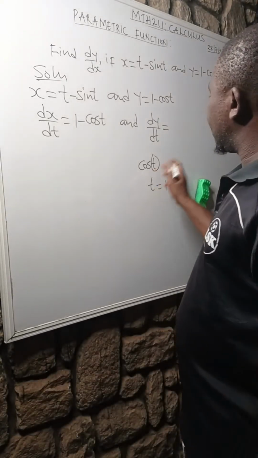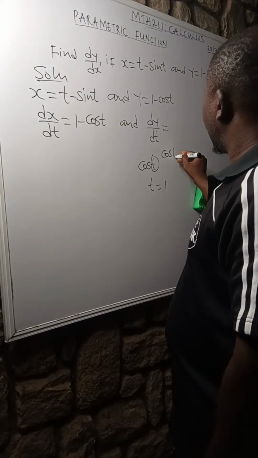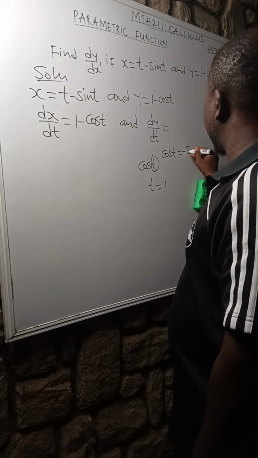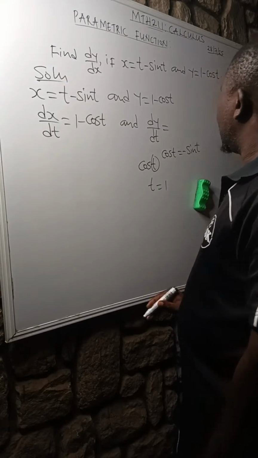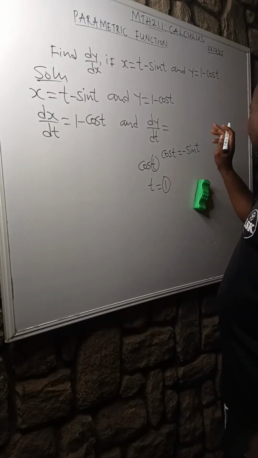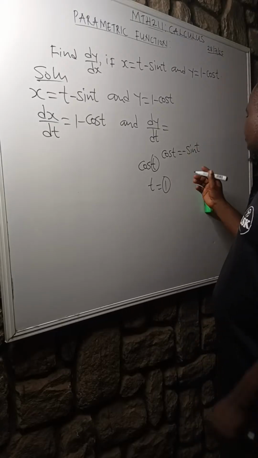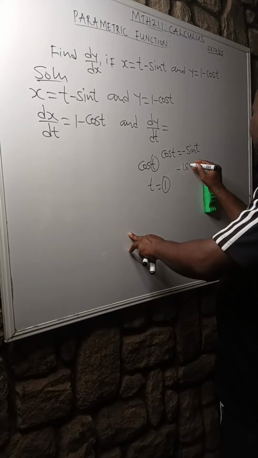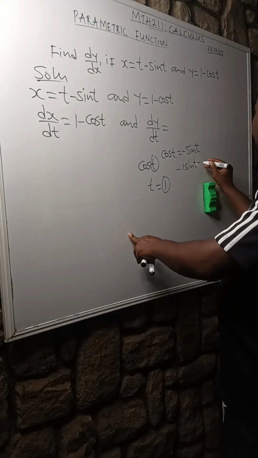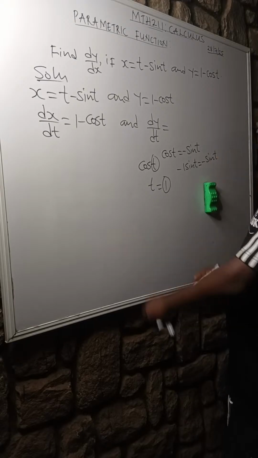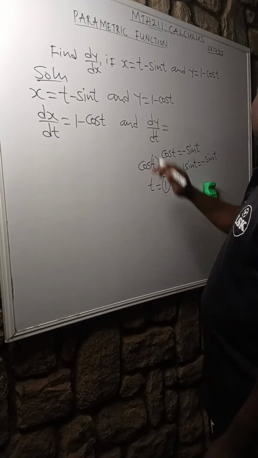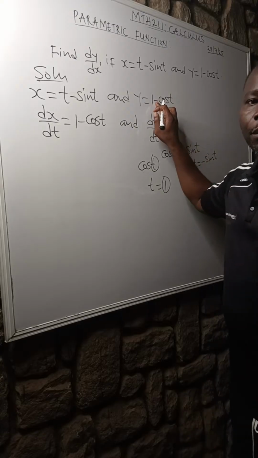Then if you differentiate cos t, you are supposed to have minus sine t. So if you use this one to multiply minus sine t, it is the same thing as minus sine t. But mind you, we have a minus sign here.